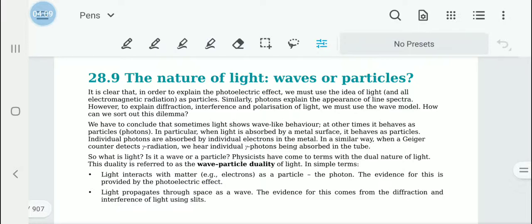Then, to figure out whether light is waves or particles, the original question that we asked, we have discussed both senses, using the photoelectric effect. Also remember that light sometimes behaving as waves and sometimes as particles is not only common to visible light, it is common to all electromagnetic waves, because visible light is only a portion of it.